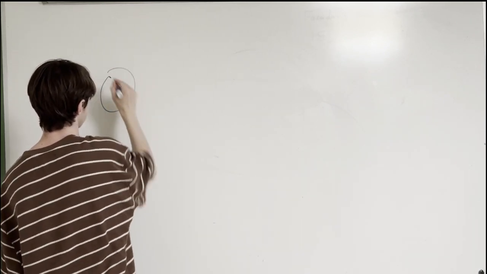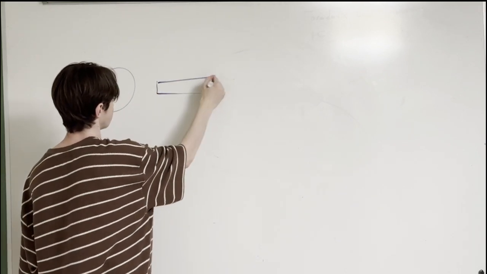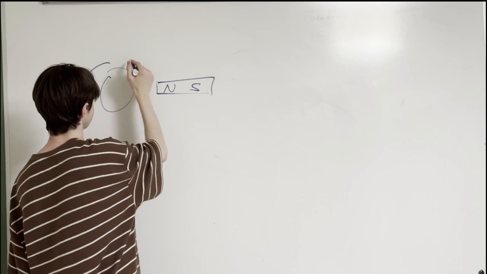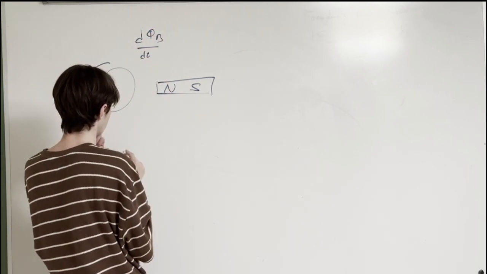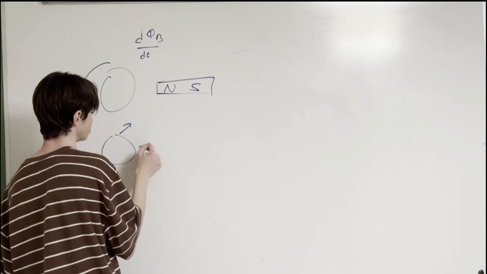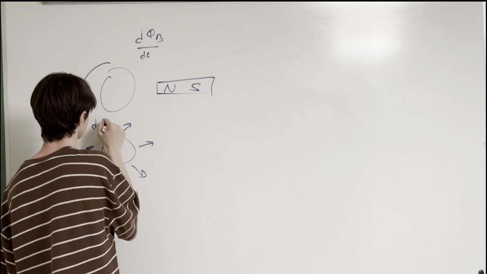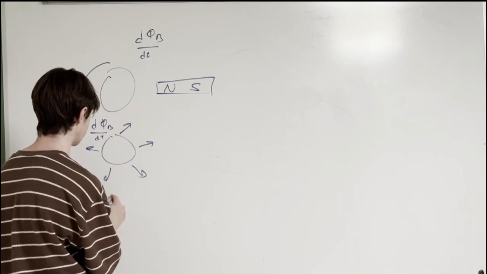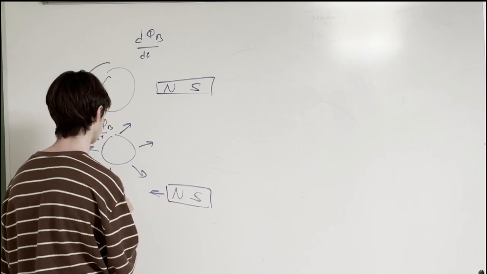So yeah. If we have a loop here and we have a magnet, this loop rotating will create a change in magnetic flux, or this loop expanding will create a change in magnetic flux, or just an increase in the magnetic field by the magnet strengthening or moving towards the loop.